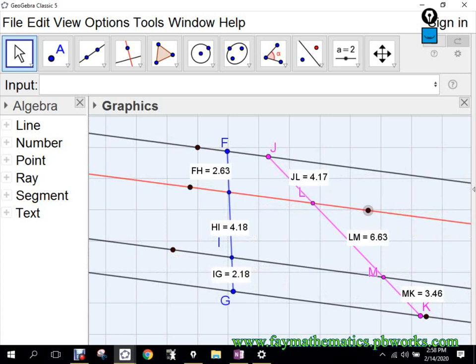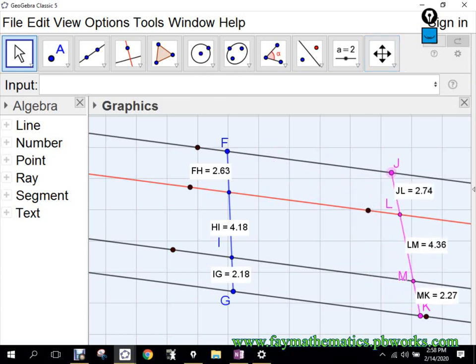Okay. And then I've got these two transversals. And these two transversals, they can look like anything. They can be parallel. Let me show you a situation where they're parallel. It's really not interesting when they're parallel because we already know what to do with these when they're parallel.